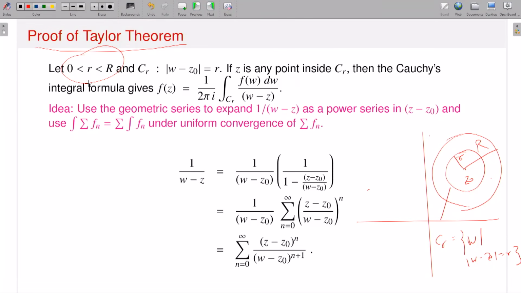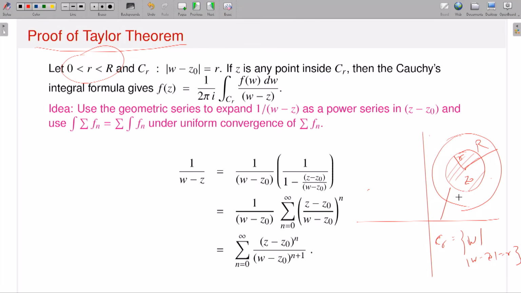So I have a domain B_R(z0), that means I have an open disk with center z0 and radius capital R. Inside I am considering a small open disk of center z0 and radius smaller r, less than capital R, and this is my contour C_r. So what is my f? f is analytic, given in B_R(z0), in particular it is analytic here.